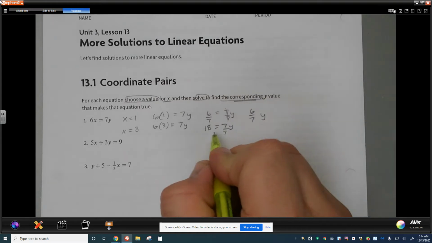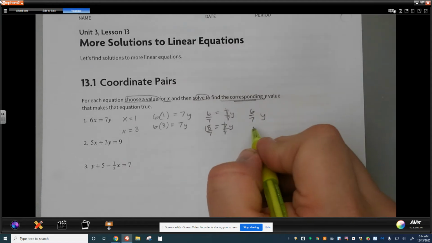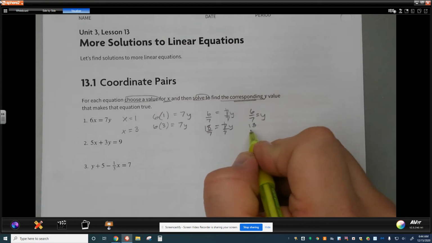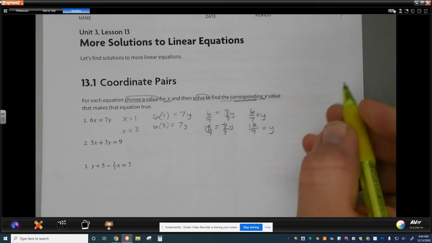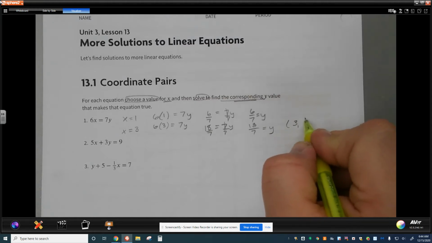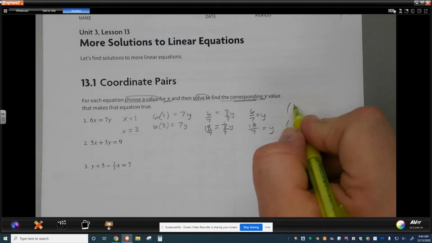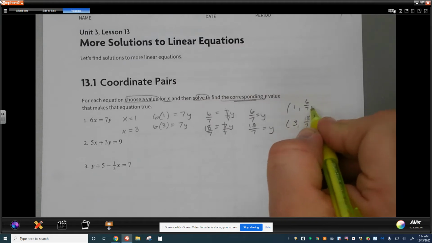Divide by 7 on both sides to simplify that value of y, and I find out that 18/7 is equal to y. So now I have an ordered pair of 3 and 18/7. On the other one, it was an ordered pair of 1 and 6/7.